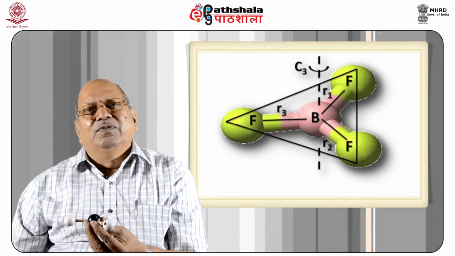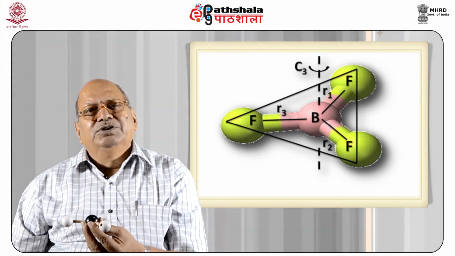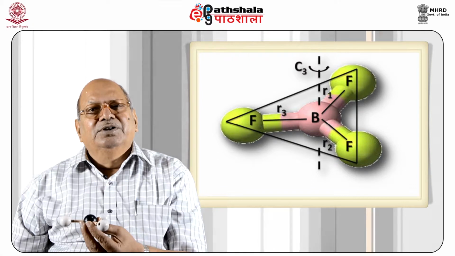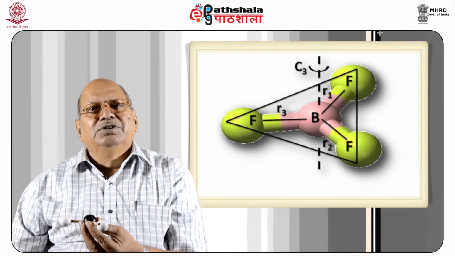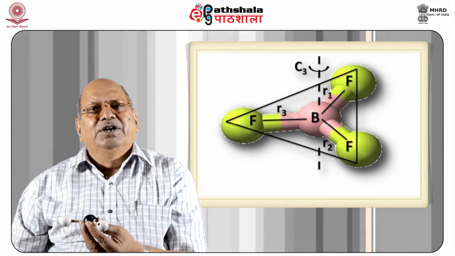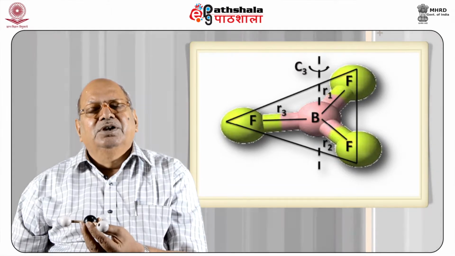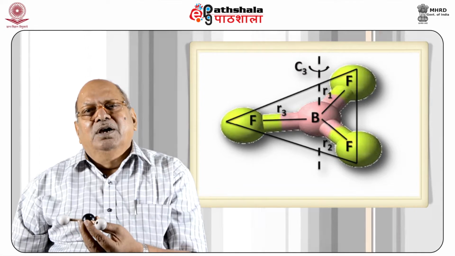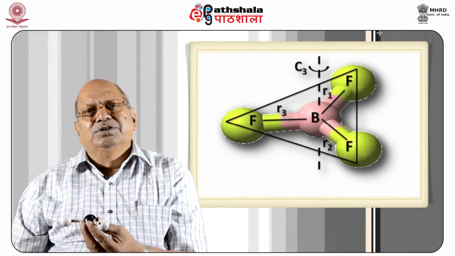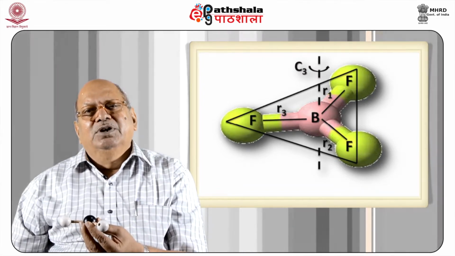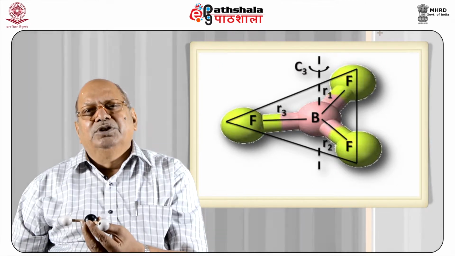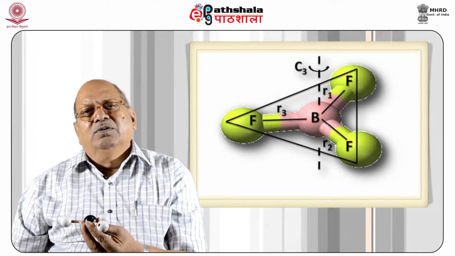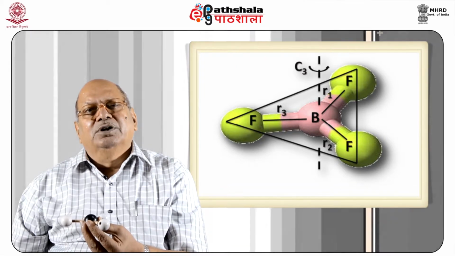Now we find the valence orbitals of this boron atom and their symmetries, and these symmetries are given as A1', E', E'' and A2''. Now let us find out the symmetries of the fluorine atoms, and for that we have to see the effect of various symmetry operations on R1, R2 and R3.